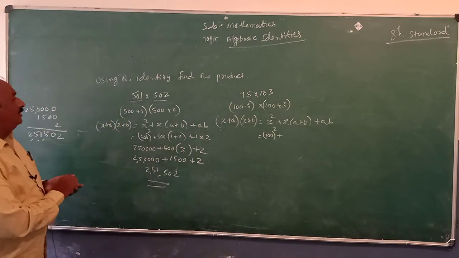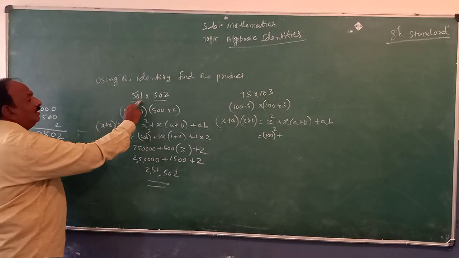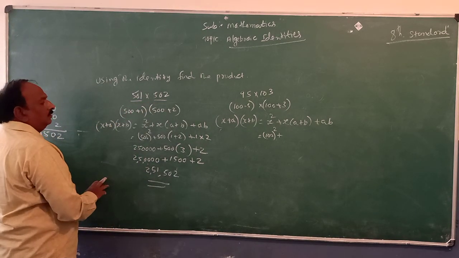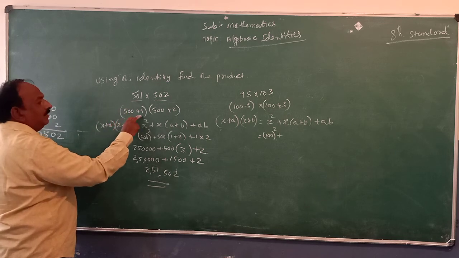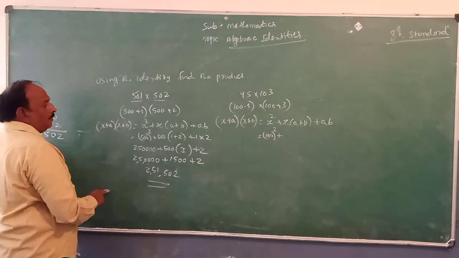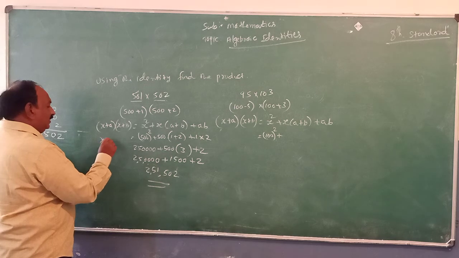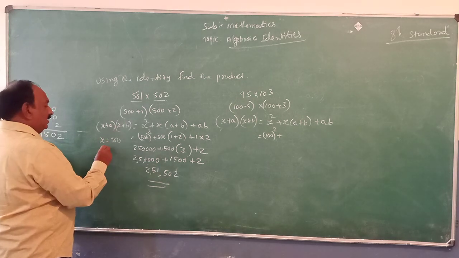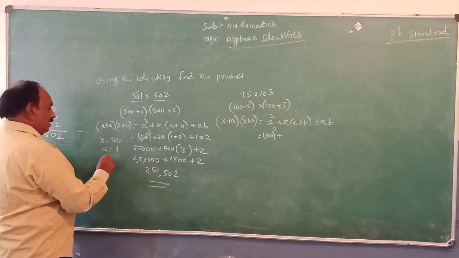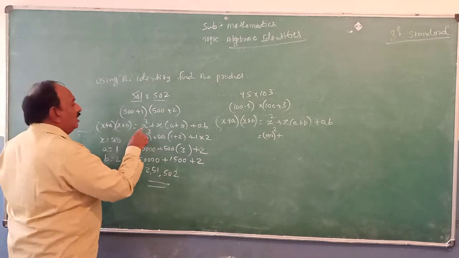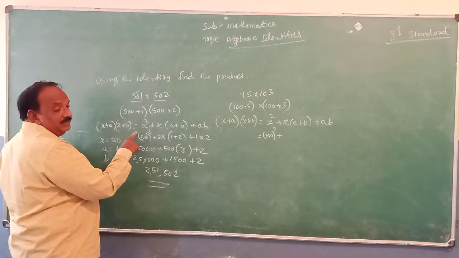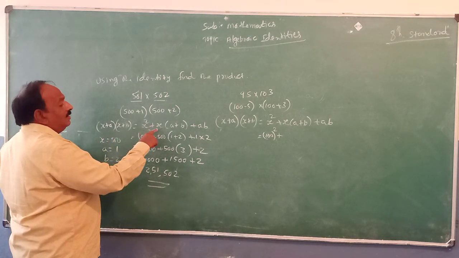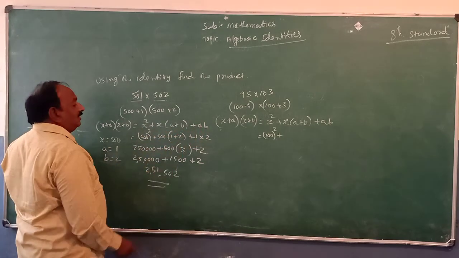If you want to, I will explain 501 into 502 again. 500 plus 1, 500 plus 2. Here x is equal to 500, a is equal to 1, b is equal to 2. X plus a into x plus b, x square plus x into a plus b plus ab.